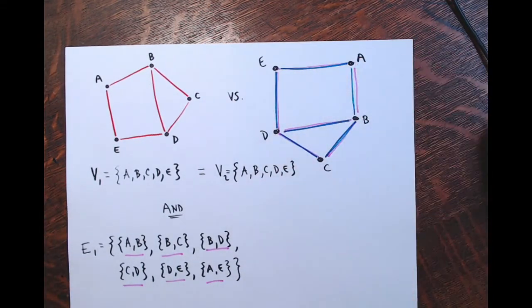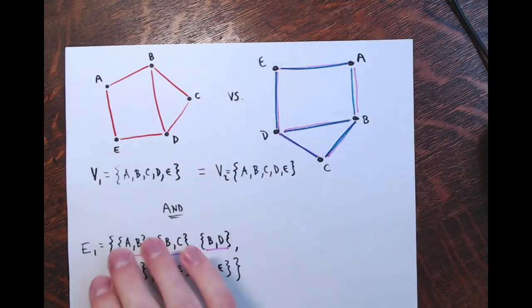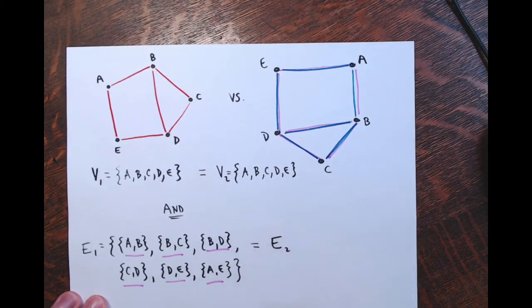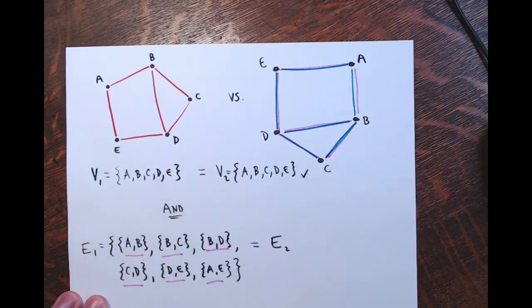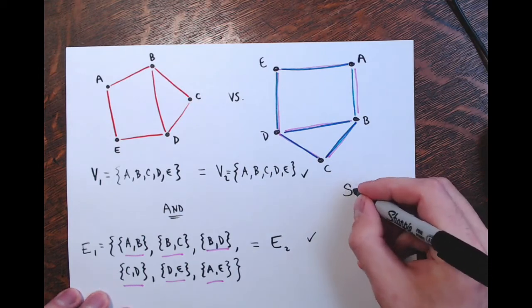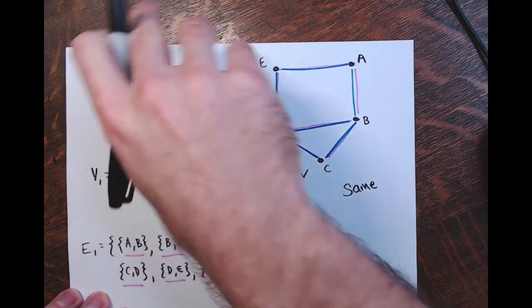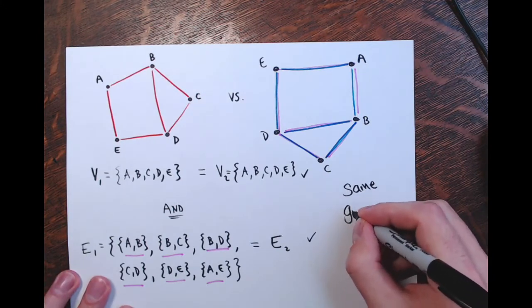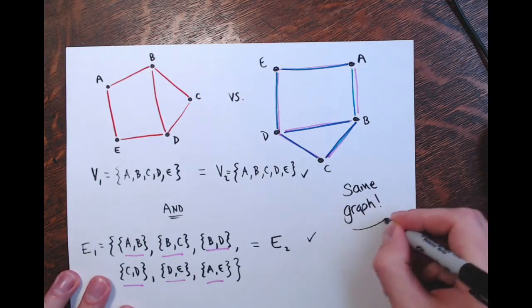And I've counted every edge over there, and all the edges over there are also in this set, so I'm going to say this is equal to E2 as well. So check, the vertex sets are the same, check, the edge sets are the same. So these are the same graph, even though they look different. Again, one's just rotated to look like the other. So these are indeed the same graph.